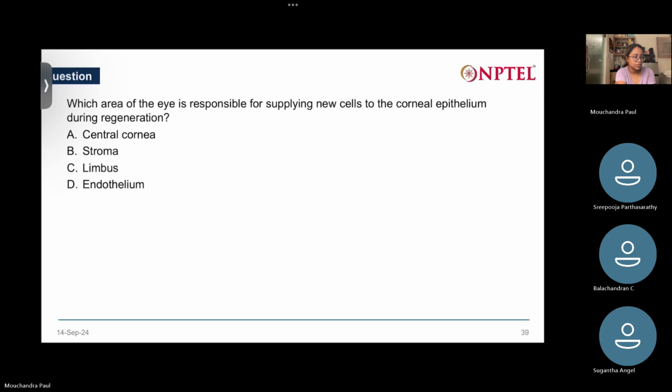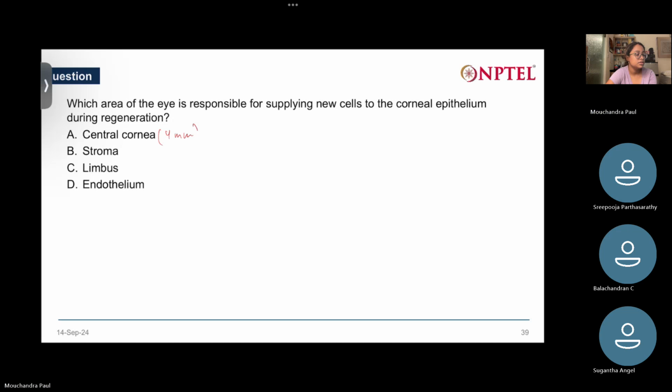Okay, so this is the next question. Which area of the eye is responsible for supplying new cells to the corneal epithelium during regeneration? Central cornea, I mean that 4 mm region, then stroma, limbus, endothelium.